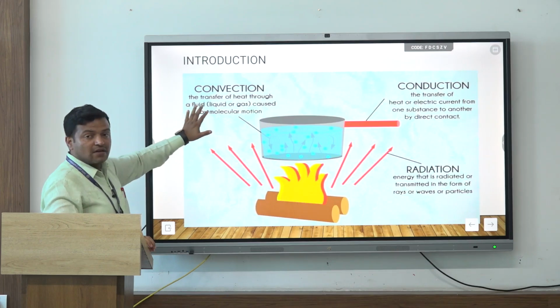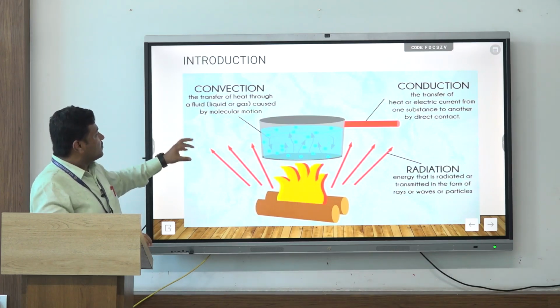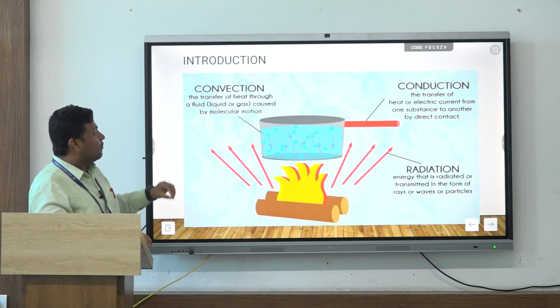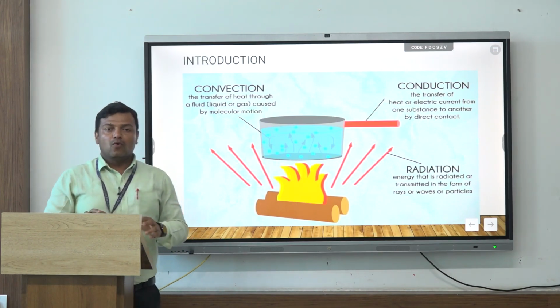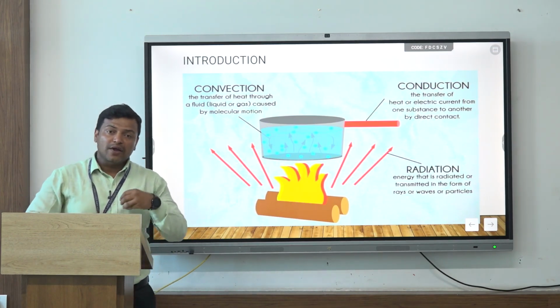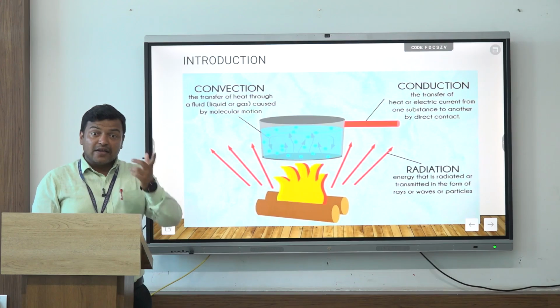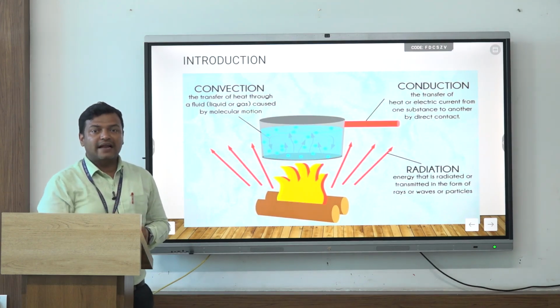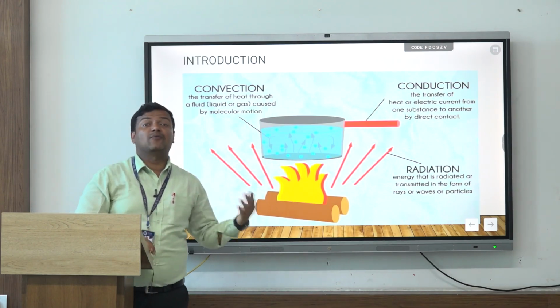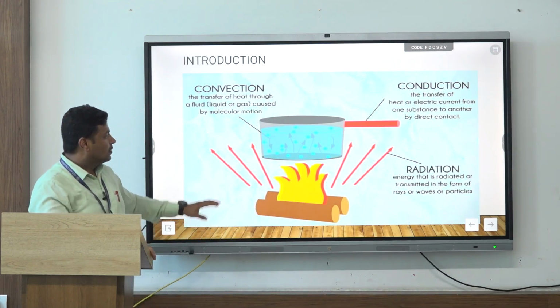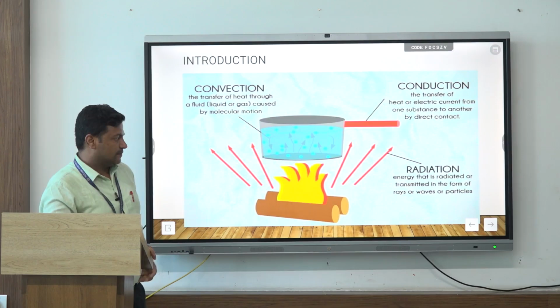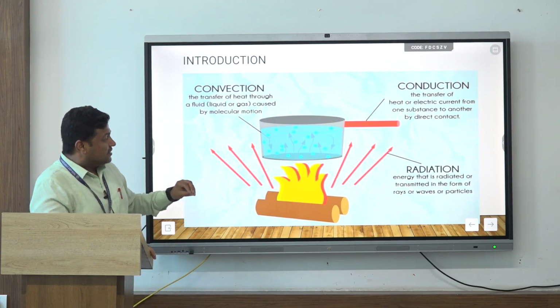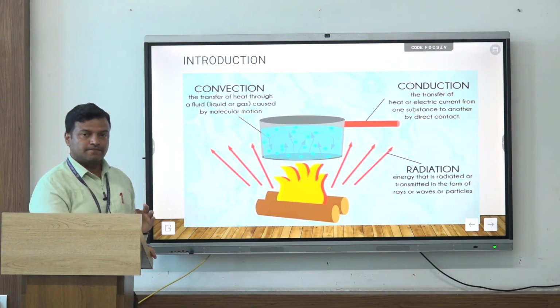Now next, convection means the transfer of heat through a fluid caused by molecular motion. We are giving heat to the utensil and that utensil transfers heat to the molecules. At that time we can say heat has been convected. The next thing is radiation: energy that is radiated or transmitted in the form of rays, waves or particles.